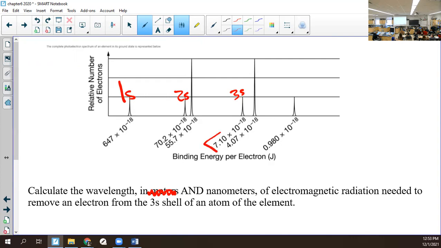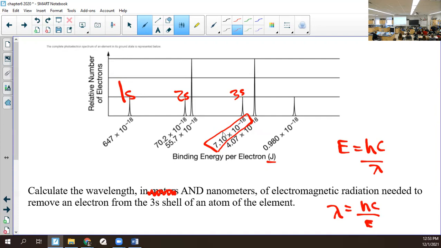So we have 7.1 times 10 to the negative 18. That's joules, right? And I need wavelength. I have E equals hc over wavelength, correct? Algebra says that wavelength is equal to hc over E. You okay with my algebra there?